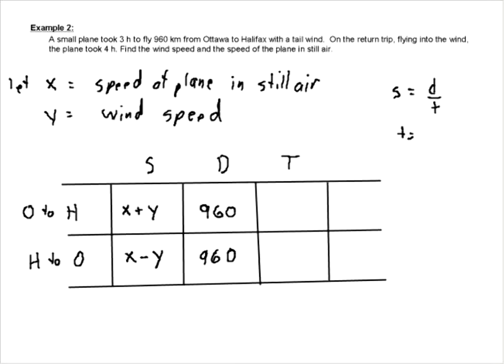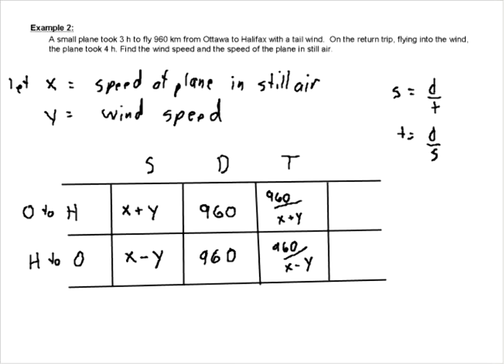If we just cross multiply, and we should be able to do this in our head, time is going to be distance over speed. What's the time from Ottawa to Halifax? Well, it's the distance, 960, divided by the speed, x plus y. And the same thing goes for the return: 960 over x minus y.